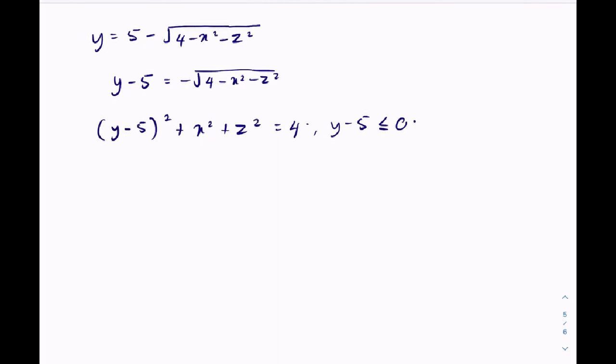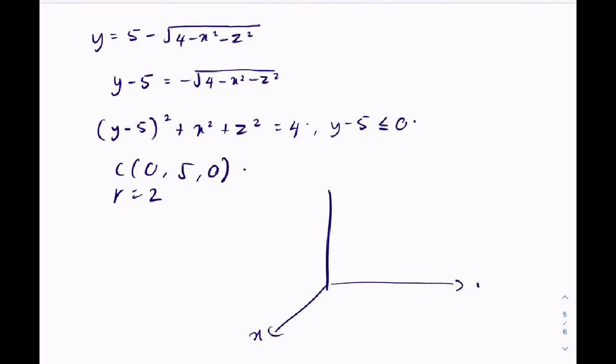Okay, this is actually a sphere with the center 0, 5, 0, with the radius equals to 2. Okay, where is 0, 5, 0? Somewhere here. Okay, and then radius is 2.